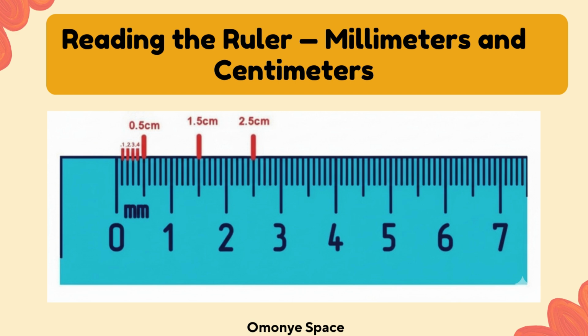Looking closely at this diagram, are we seeing those very tiny lines between each centimeter? For the first one, from 0 to 1, you can see some red arrows pointing upward. Those are the tiny lines we are talking about, and they are in millimeters.